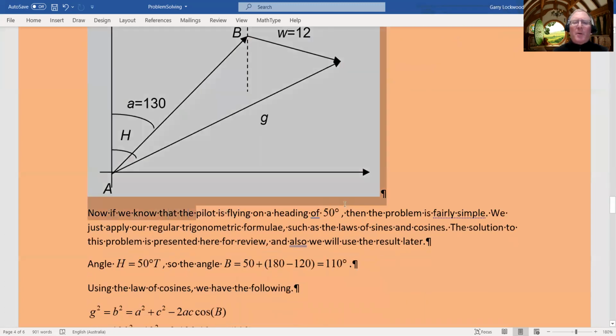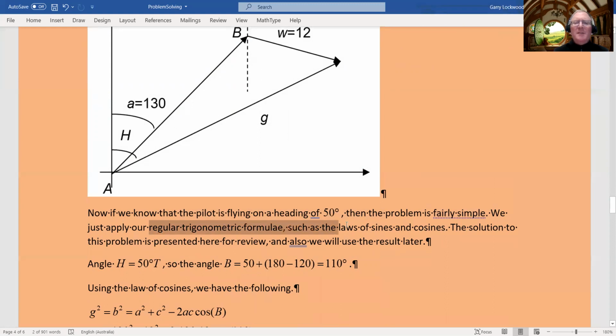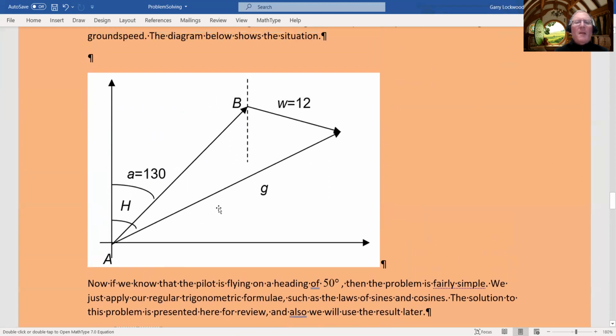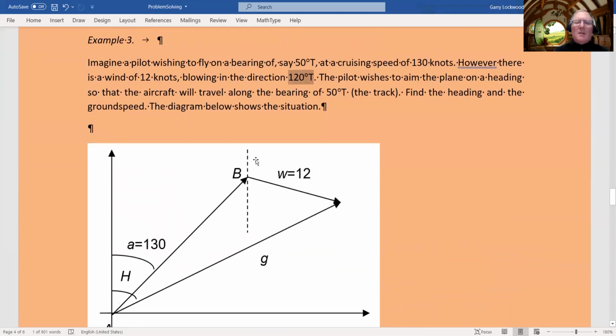So if we know the pilot is flying on a heading of 50 degrees, it's fairly simple. We just apply our regular trigonometric formulae, such as the law of sines and cosines. Our angle H is 50 degrees true. Now, we need to know this angle here. So we've got this side, we've got this side. We need to know this angle. Now, because the wind is blowing at an angle of 120 degrees true, that's 120 there.